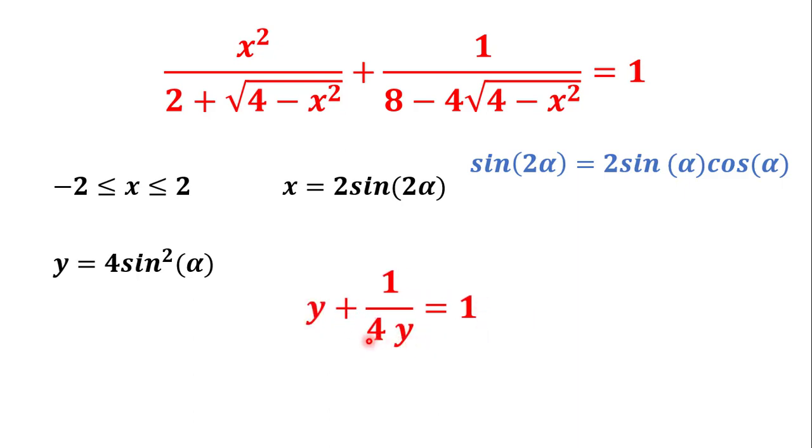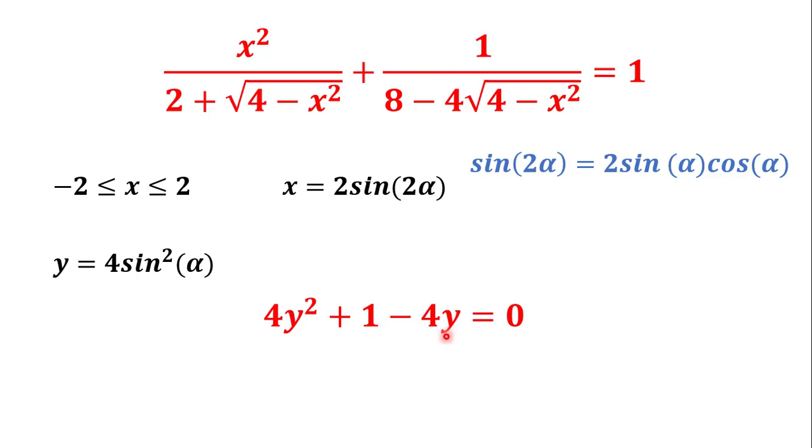We can multiply both sides by 4y, and we're going to get 4y squared plus 1 equals 4 times y. We can move 4 times y to the left-hand side, and we're going to get 4y squared plus 1 minus 4y equals 0. 4y squared is the square of 2 times y, and 1 is the square of 1.